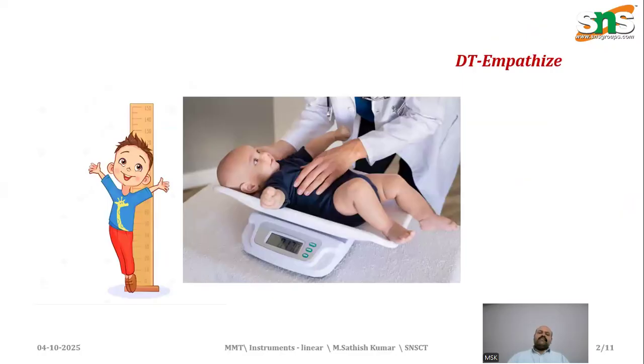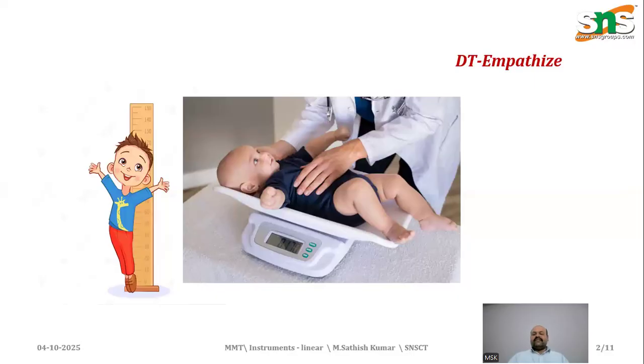Coming to the empathy part, why do we need linear measuring instruments? As a baby, we grow from a small child. When we are born, we are put onto a scale, seeing the weight as well as the height. After that, the essence of growth is measurements, and we look for linear growth in terms of height, where we use a linear scale for height measurements.